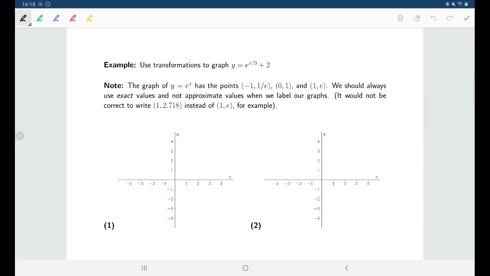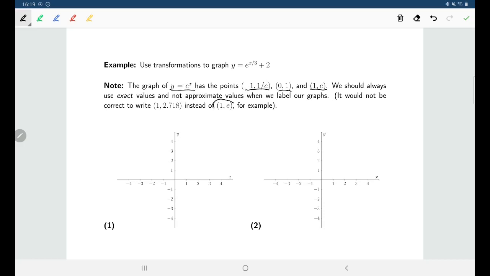So now we're going to graph a transformed exponential function. And as I said, although we might sometimes need to find the approximate values for e to some power of x, for the most part, we're going to leave things in exact values only, which means that, for example, when I do the basic graph of y equals e to the x, we know that there's the 3 points, 1 comma the base, 0 comma 1, -1 comma 1 over the base, and those will be how I label my points.